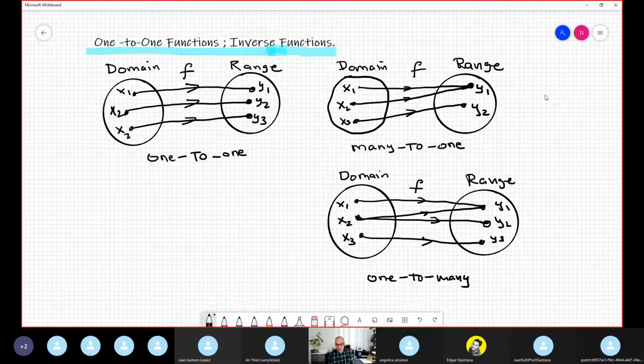Transcendental means beyond the polynomial and rational functions we studied before. We start studying these functions in College Algebra, and if you take pre-calculus or trigonometry, you continue with other transcendental functions. The names of these transcendental functions are exponential and logarithmic functions.